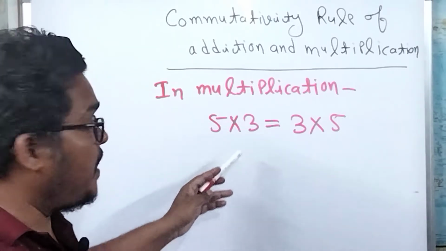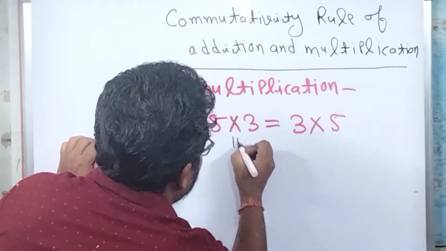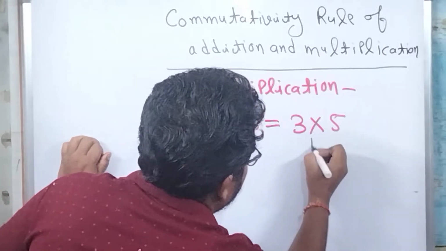The value of 5 multiplied by 3 is 15, and 3 into 5 is equal to 15.